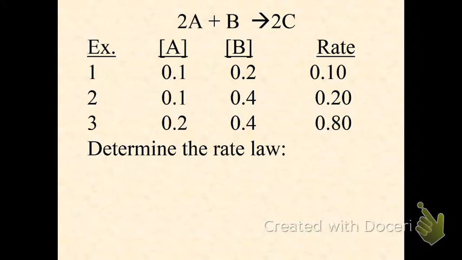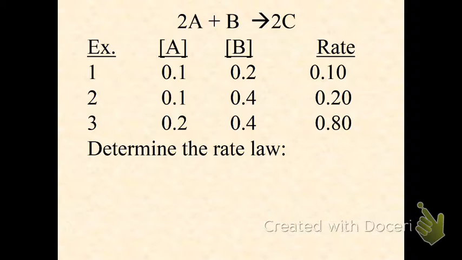So here we're going to determine the rate law. We're going to do it first mathematically, and then we're going to see that it works, that we can just say double it. Okay? So when you're looking at this, you want to keep one of them constant. So we have this equation, 2A plus B equals 2C. We don't care about C. It's not going to show up in the rate law. So what you do is you pick two trials where one of the items is held constant and the other one is changing.